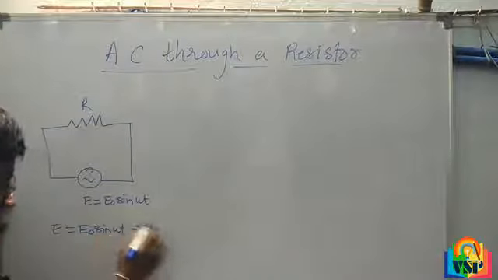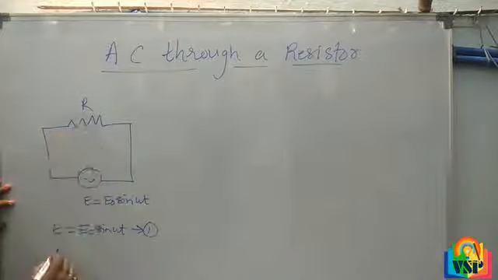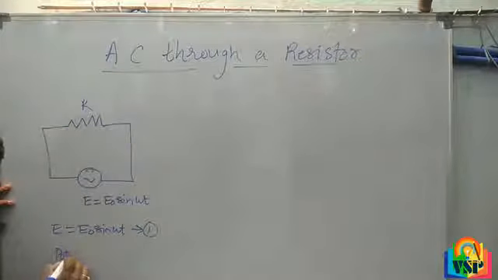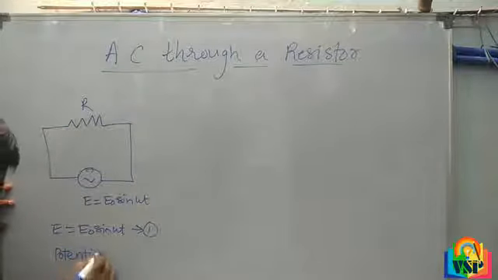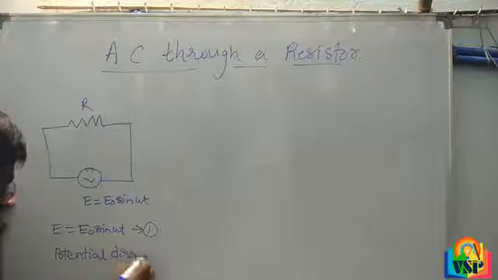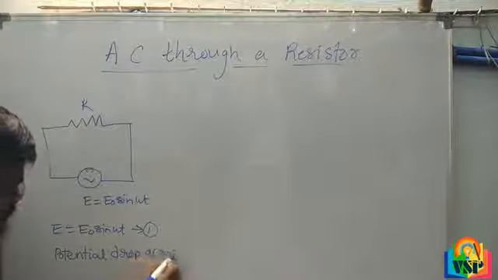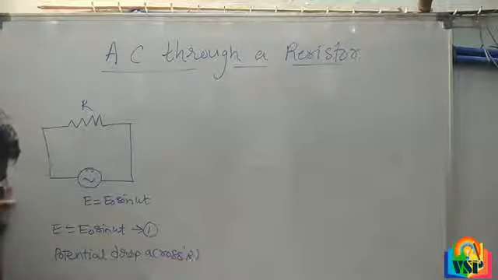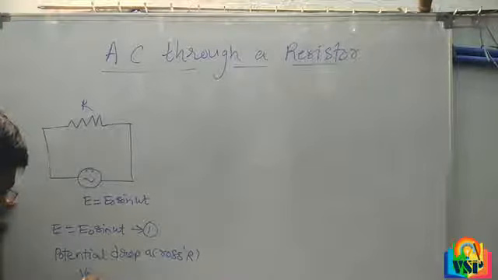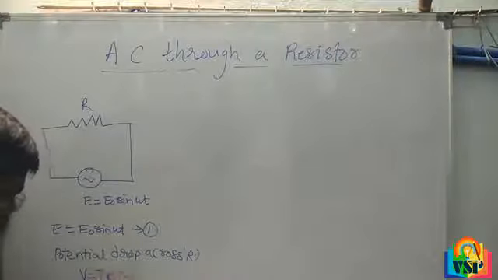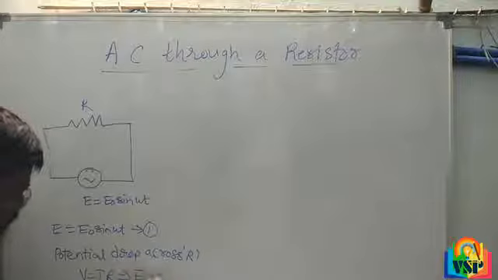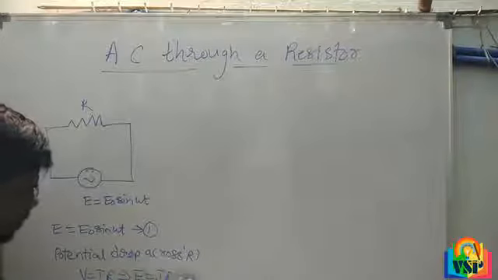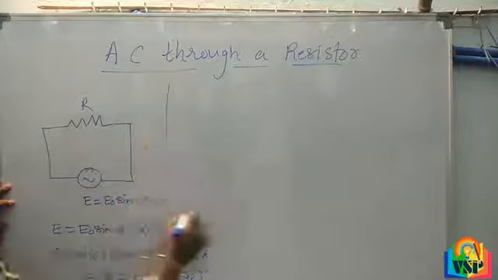This is equation 1. Considering the potential drop across the resistor, V is equal to IR, so we can write E is equal to IR. This is equation 2.